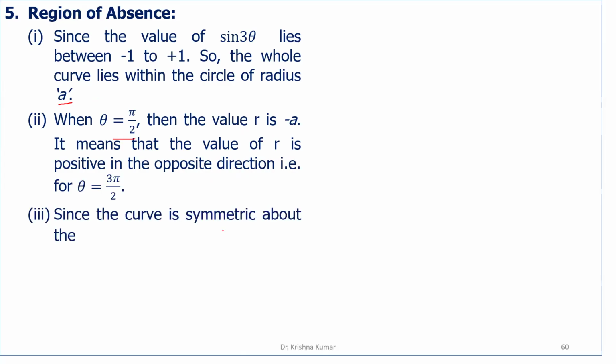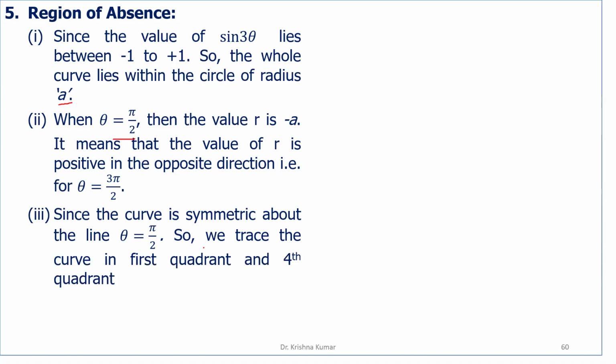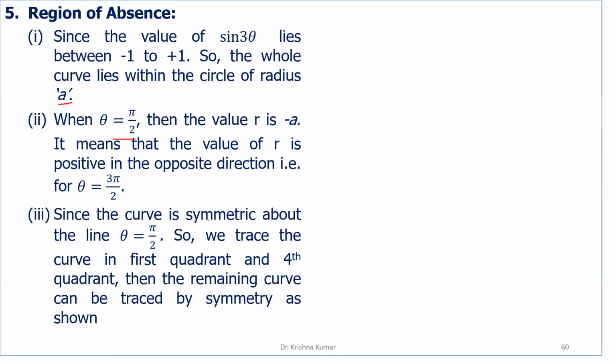Since the curve is symmetric about the line theta equal to pi by 2, we trace the curve in the first quadrant and fourth quadrant. Then the remaining curve can be traced by symmetry as shown in the figure.